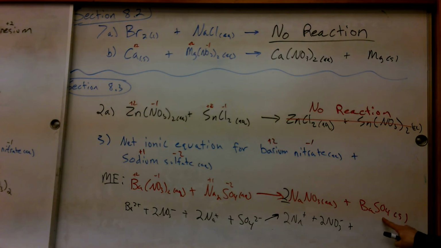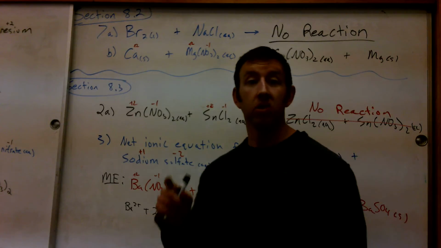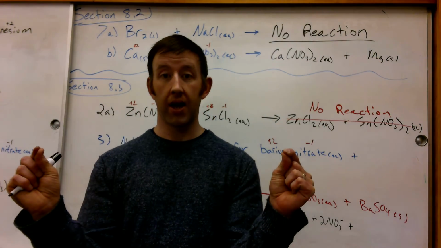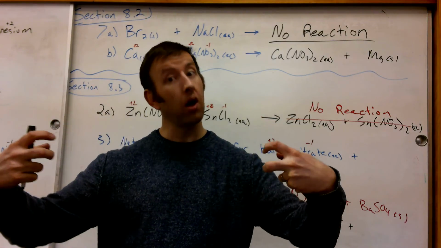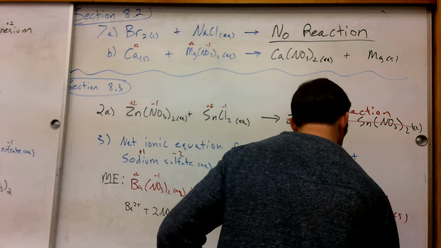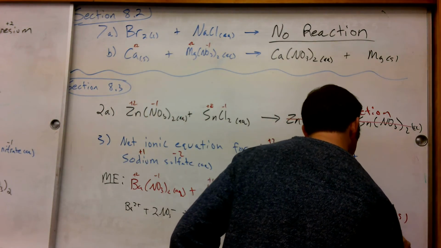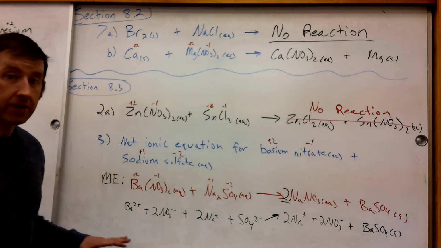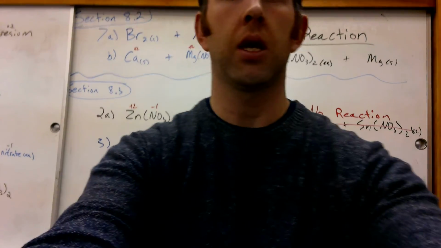Now, barium sulfate here is solid, which means it is not separated into ions. That only happens when they are aqueous. So I'm going to leave this like this, BaSO4 solid.